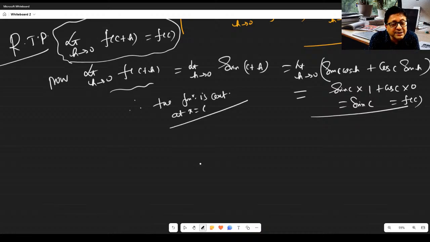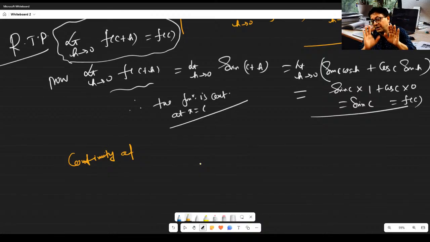Now, after this, we are going to discuss exponential functions. Continuity of exponential functions. No JEE sums today. We are just discussing the concept. We'll come with the session where those problems will also be discussed.